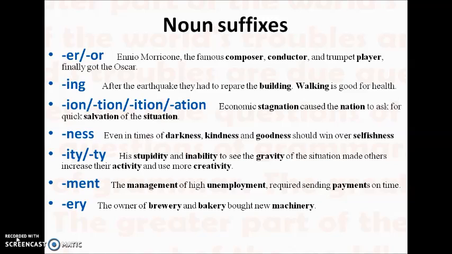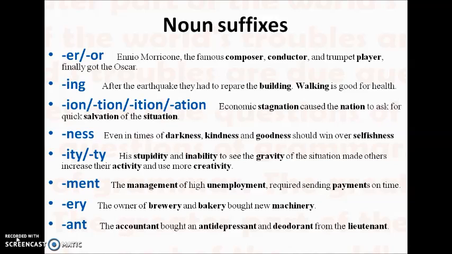We use this suffix for occupations, business, or products. And finally, we have suffix -ant, like in accountant, antidepressant, deodorant, or lieutenant. We use this suffix when talking about a person or thing that does a specific thing.